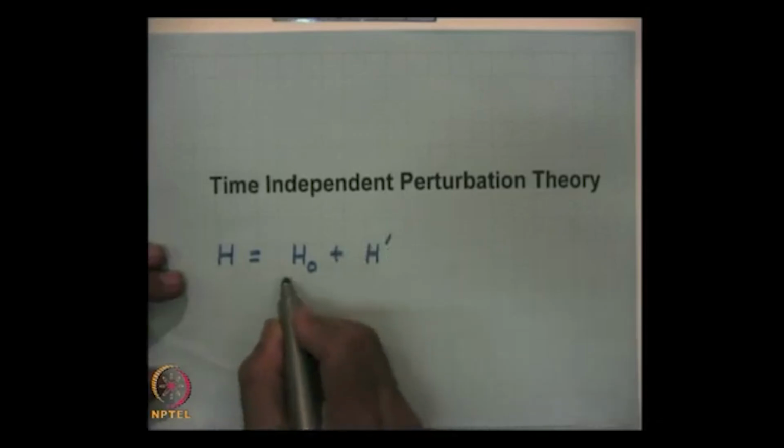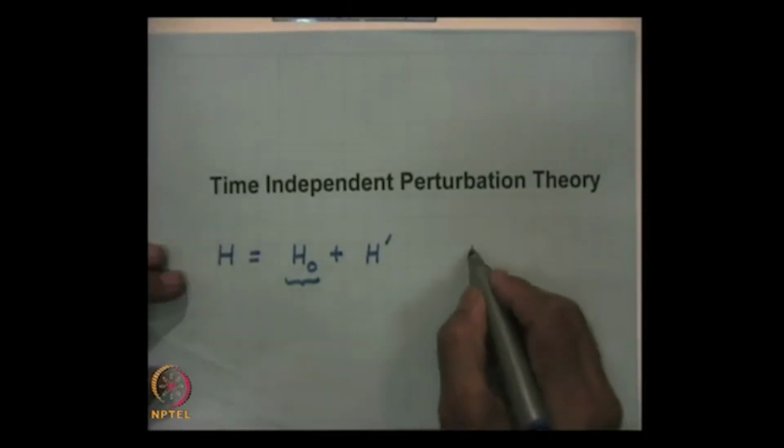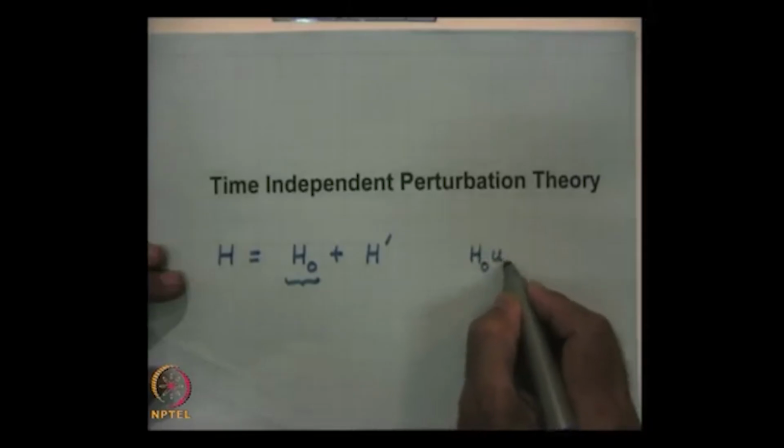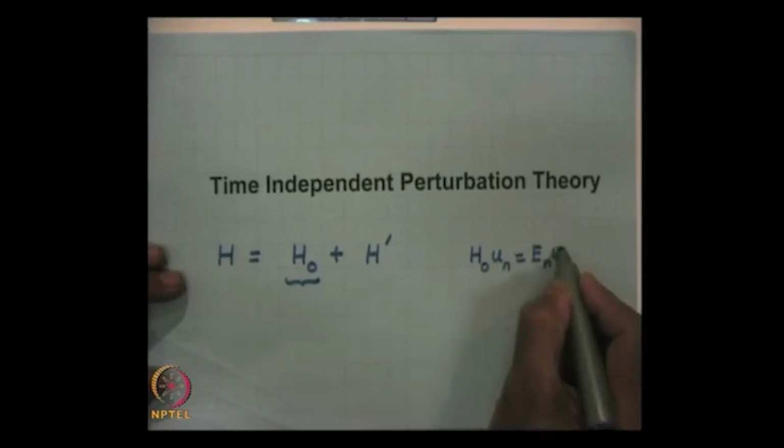Now, H naught is the Hamiltonian for which I know the solutions. So, H naught u n is equal to E n u n.